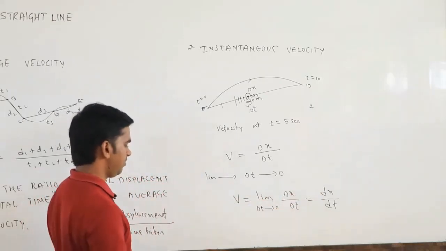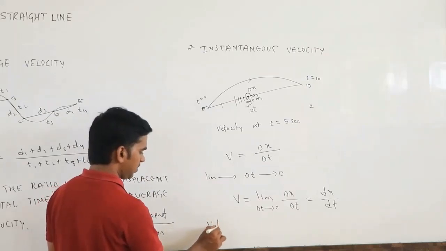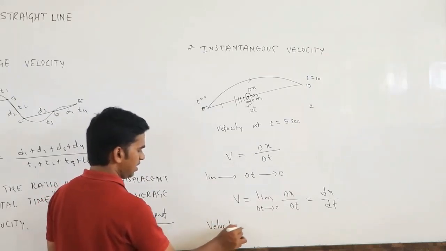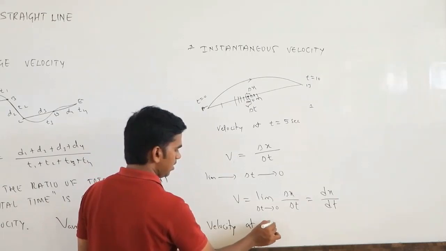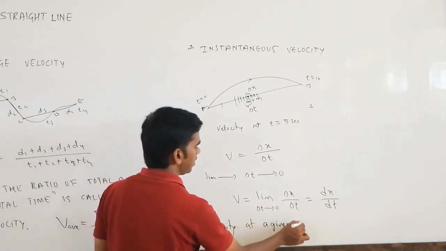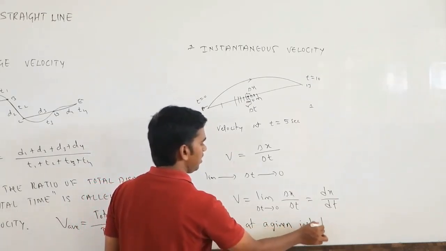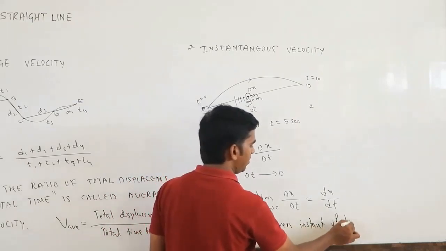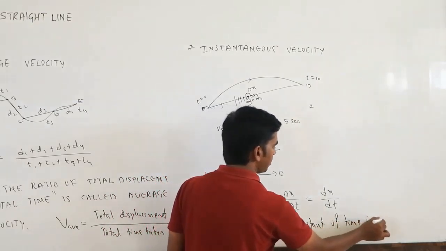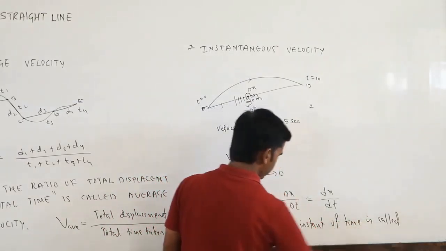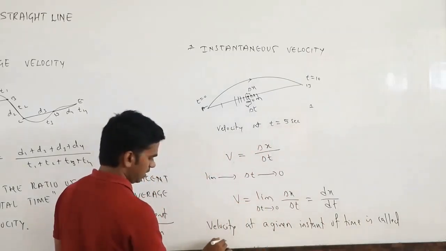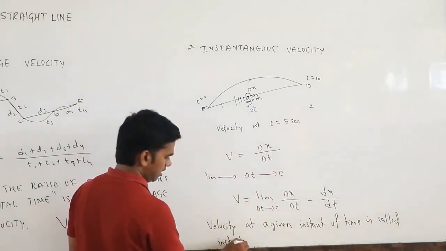So how can we write the definition? Velocity at a given instant of time is called instantaneous velocity.